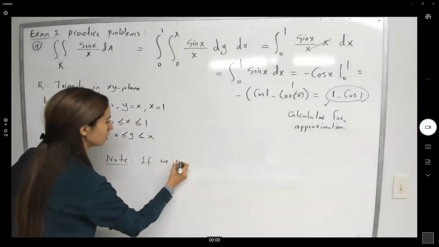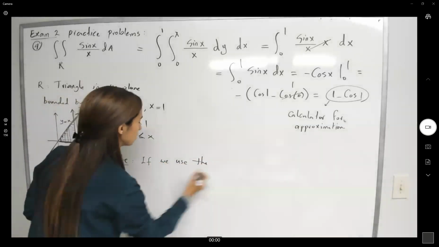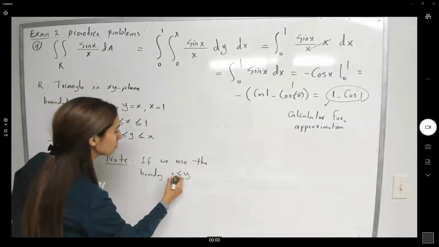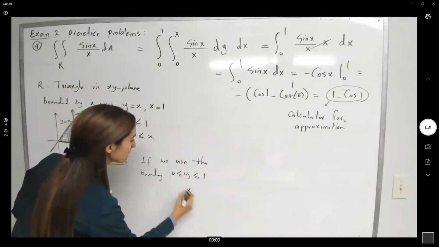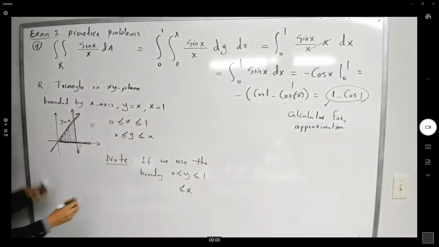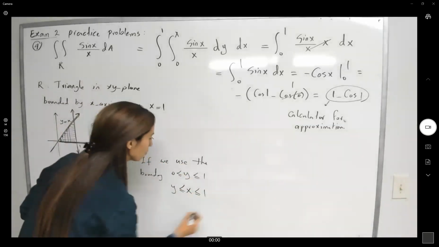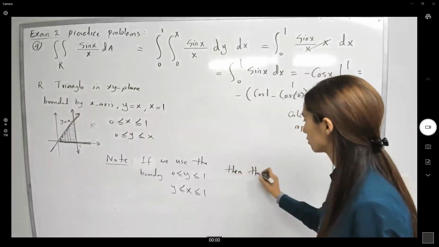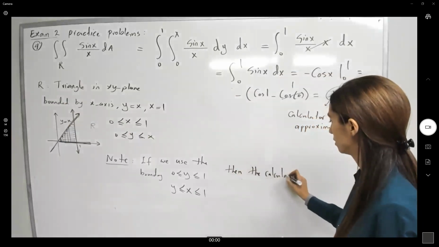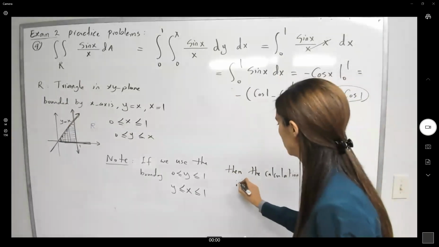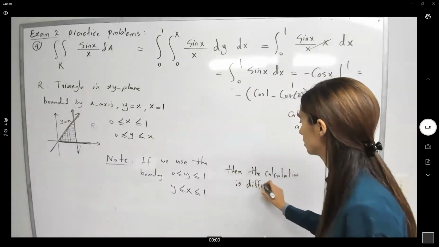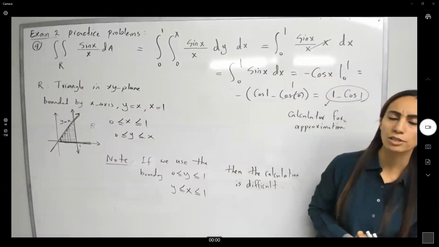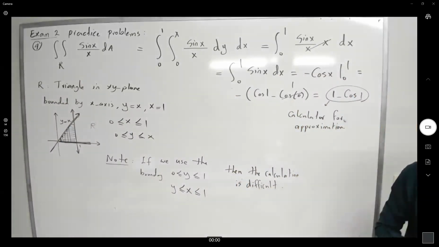If we use the boundary where y is bounded between 0 and 1, and x is bounded between the line y and the vertical line 1, then the calculation is difficult. It's not impossible, but it's going to be difficult. You have to use integration by parts and other techniques to calculate this integral.